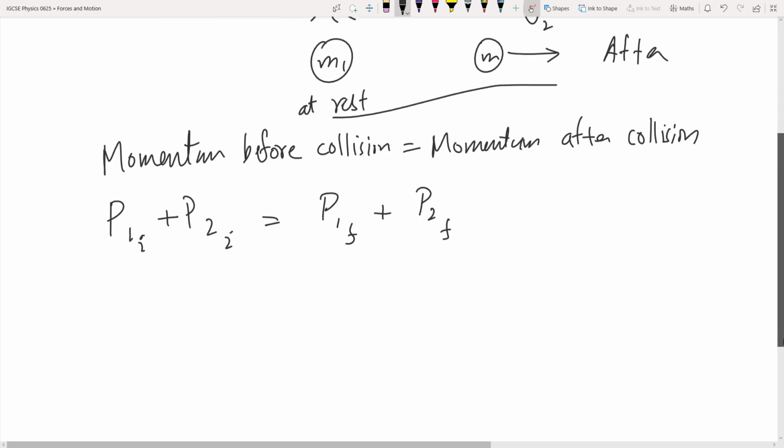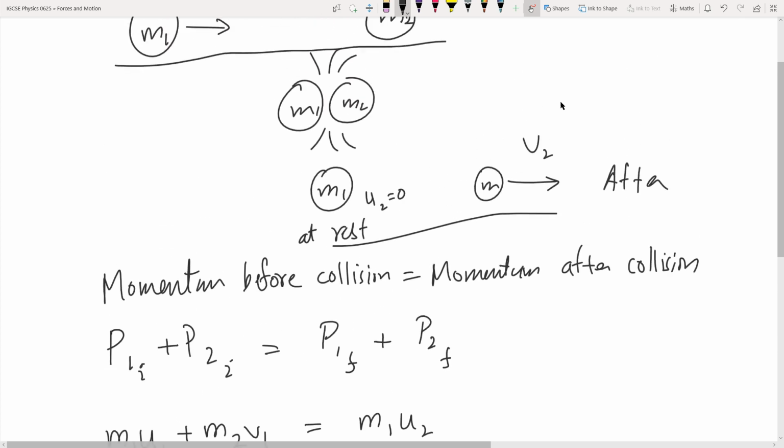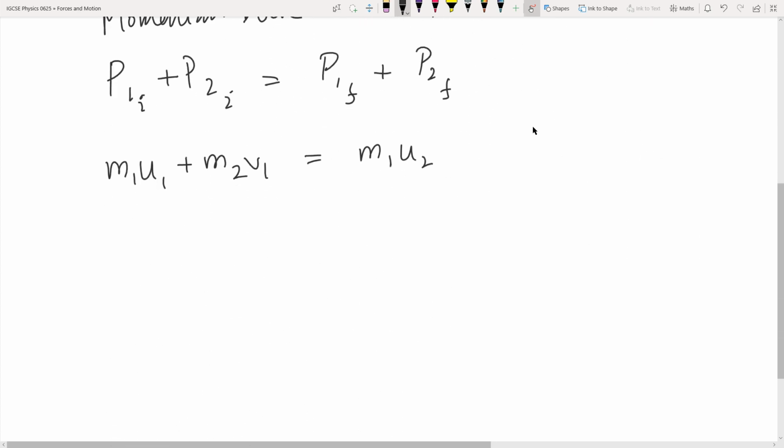So in this case, the initial momentum is m1 u1 plus m2 v1, which is equal to m1 u2, that's after collision, where u2 is equal to 0, plus m2 v2.